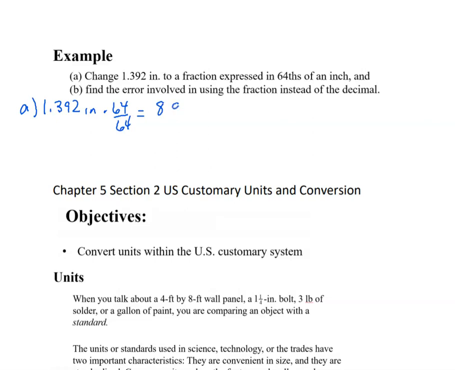We're going to get 89.088 over 64. In this problem, we're going to round to the nearest whole number, and so that's going to give us 89 over 64, which is good because we know it's more than 1 inch.